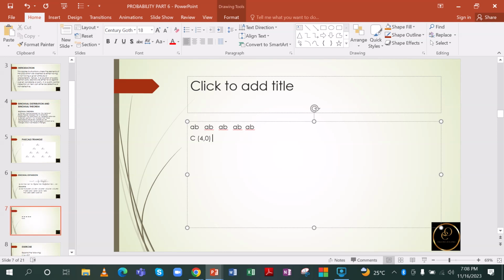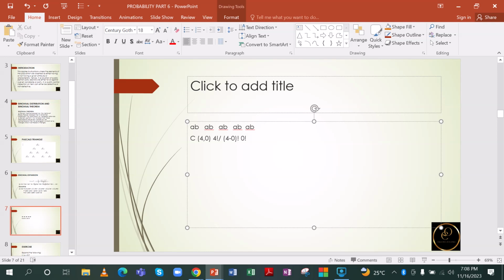So this is the same as 4 factorial divided by open bracket 4 minus 0 close bracket factorial, then 0 factorial. Okay, so that is them.